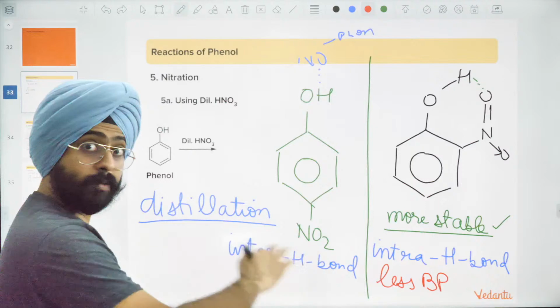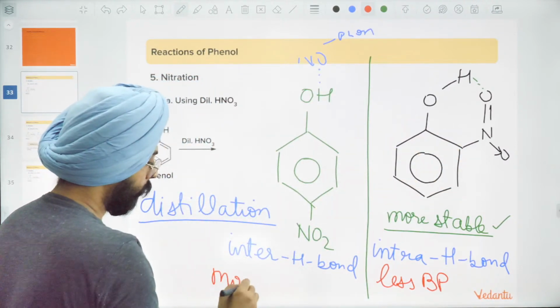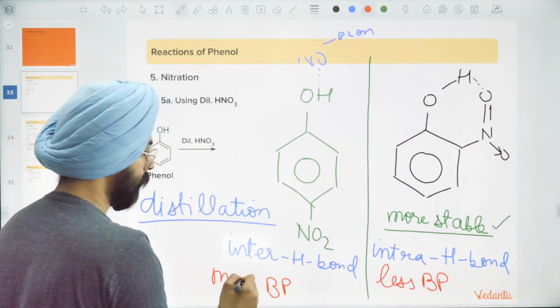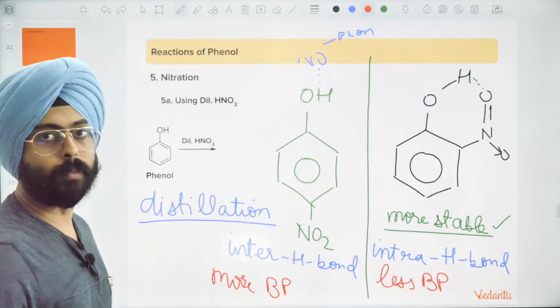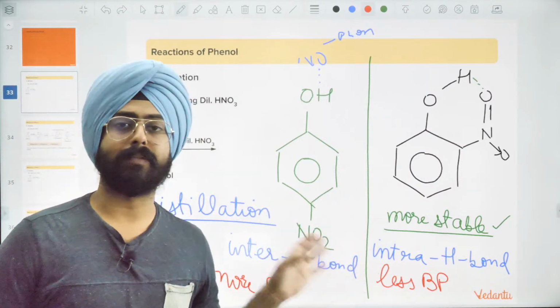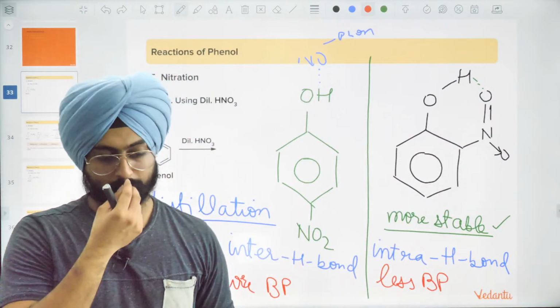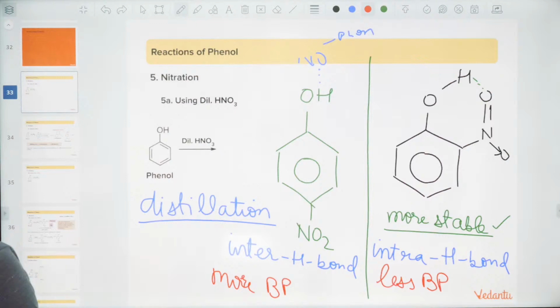This guy, with intermolecular hydrogen bonding, bonds with other molecules, so it will have a higher boiling point. Because of this idea, you can easily separate this reaction mixture. It doesn't matter which is major, you can anyway separate them. Just distill. Cool. That's done too. Fine.